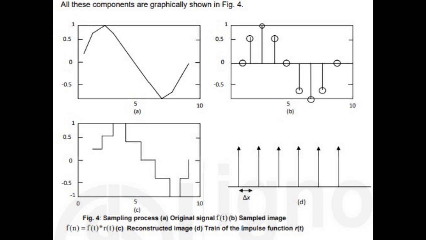We can also say that if the signal is frozen for T seconds, T being the sampling period, then the sampled function F(n) is mathematically represented as the product of the continuous signal f(t) and the railing function r(t), so F(n) = f(t) r(t) = f(nT). All these components are graphically shown in Fig. 4. Look at the screen.